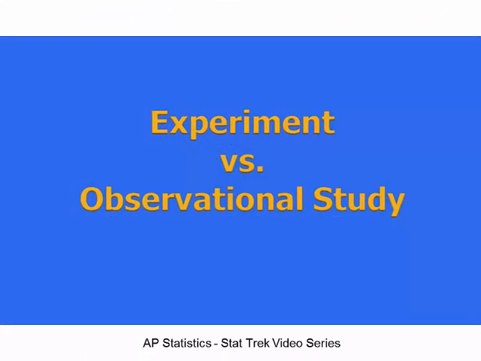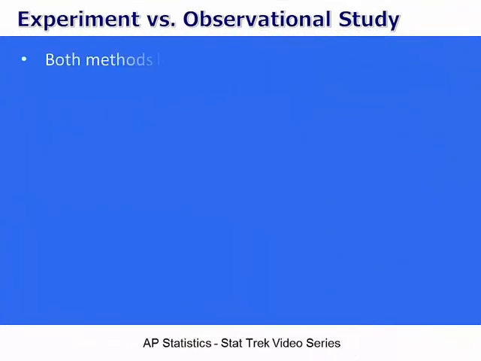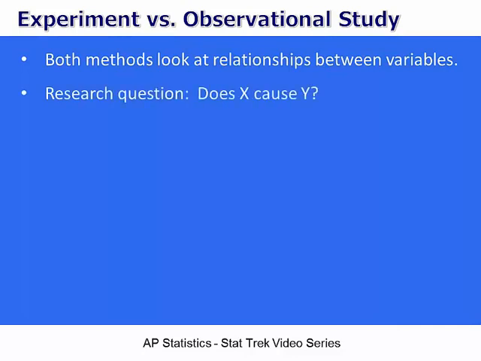Now, let's compare experiments and observational studies. Both of these methods are used to investigate relationships between variables, and the main research question is often whether one variable causes another variable. That is, does X cause Y?